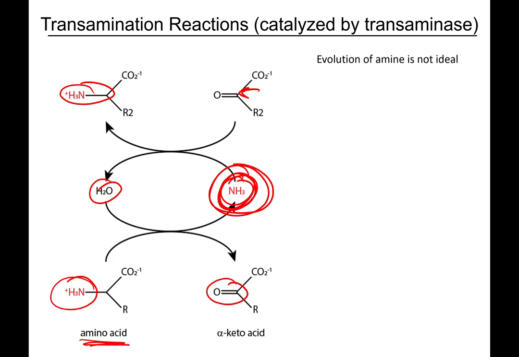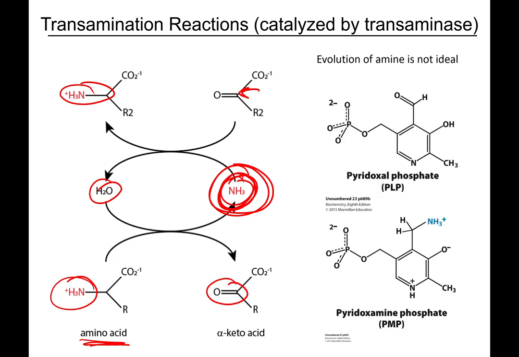So instead of generating this free amine or evolving ammonia, we create a situation where we can create a covalent intermediate where that amine is held on to our cofactor. And this is where our cofactor PLP comes in. Pyridoxal phosphate is one of the vitamins that you get in your diet or you take.